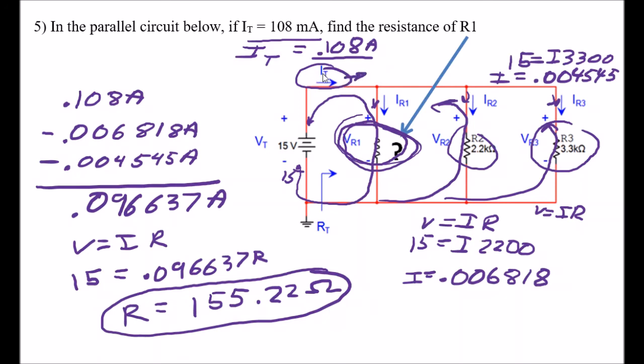So if I have 108 milliamps worth of electrons flowing through this main branch, some are going this way, some are going down here, some are going down there. Now again, it doesn't matter which way you think of it. If you think of them as flowing the other way, that's really fine too. But the sum of these currents must be 0.108 amps, of course. And I used that to find the current in this branch, and then I used V equals IR to find the resistance. Now, that's a tricky one, but I think you can handle it.